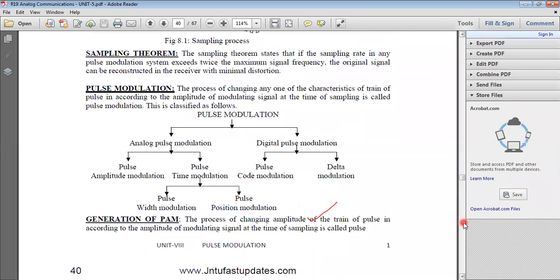Coming to the types of pulse modulation. Under pulse modulation, again we have two types: analog pulse modulation and digital pulse modulation.